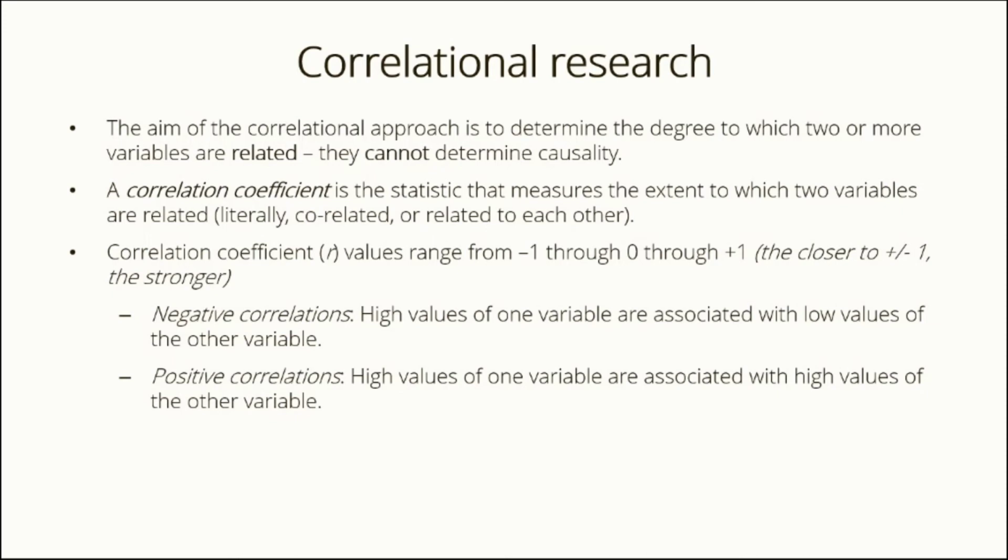And positive correlations are that high values on one variable are associated with high values on another. A negative correlation, so if it ranges from 0 to -1, or a positive correlation if it ranges from 0 to +1. The closer the correlation coefficient is to -1 or +1, the stronger that correlation is. The positive or negative just refers to the direction of that relationship.